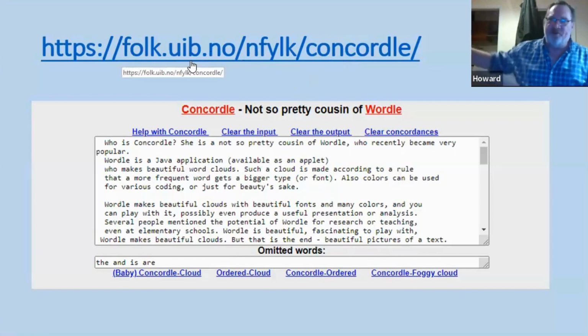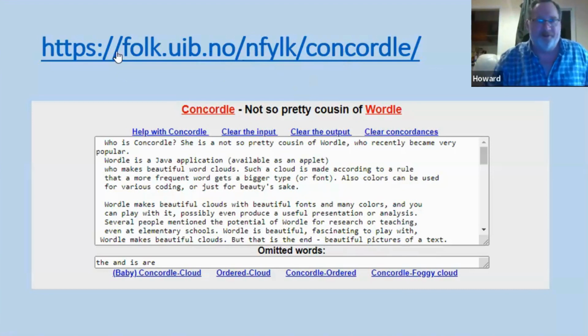That's not the New York Times word game, but rather the word cloud builder that was quite popular for a while. The thing about Concordal is you have a window here and you can paste text into it. And when you paste text into that word cloud, you can make a word cloud, and it's not a very good word cloud. You can get much prettier word clouds.